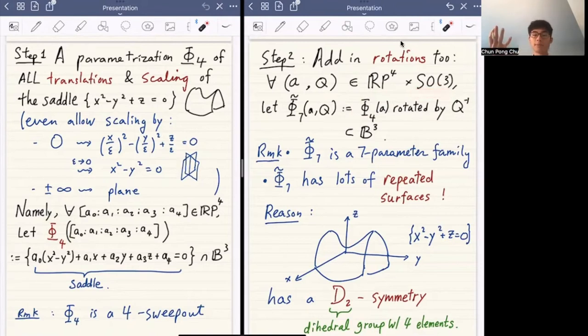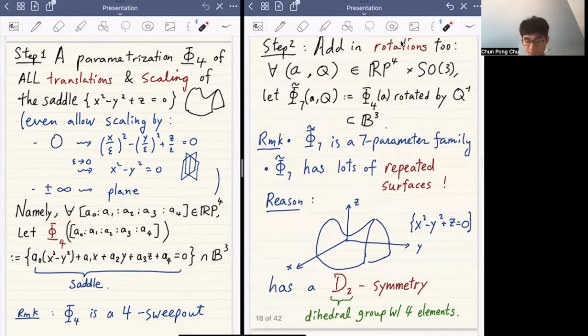Because SO3 is three-dimensional, this family phi 7 that describes the collection of all translated, scaled and rotated saddle surfaces is a seven-parameter family. 7 is 4 plus 3, right? So this is the new family, phi 7.